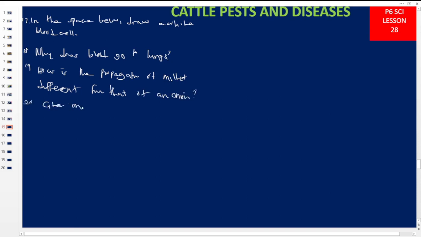Cite one example of a rhizome. Number 20. Write down one property of air.